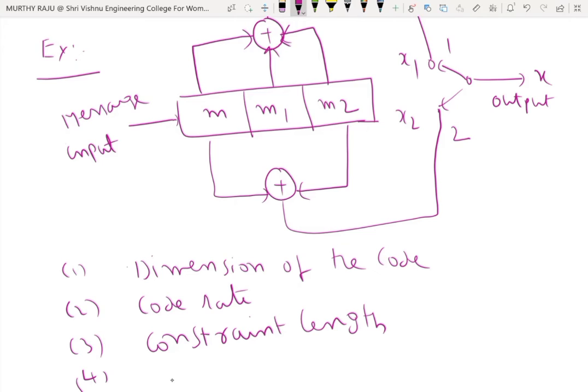Fourth one is to find out the generator sequences, that means the impulse response.